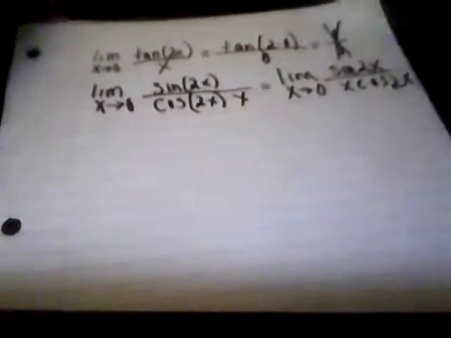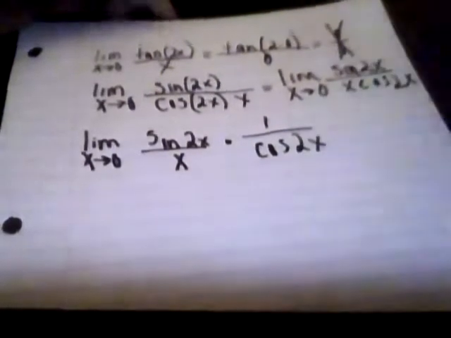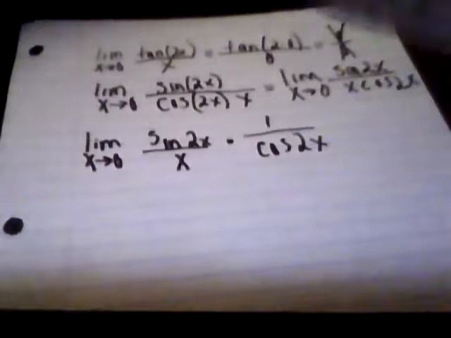Now, we're going to split this into two different expressions. Limit as x approaches 0, we have sine 2x over x times 1 over cosine 2x. Now we have to have a common denominator, so we're going to multiply this top and bottom times 2.